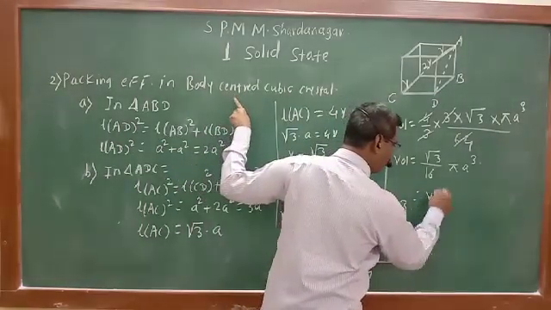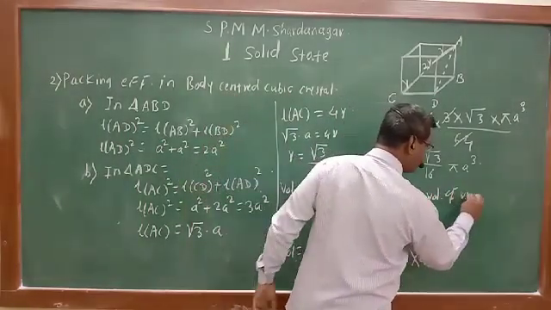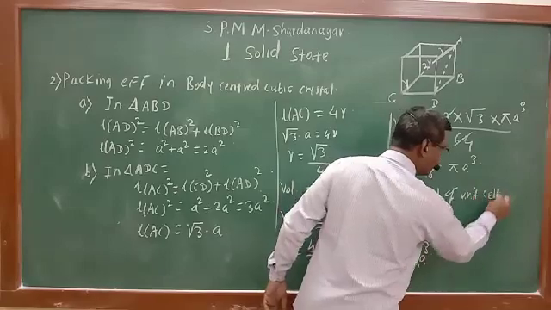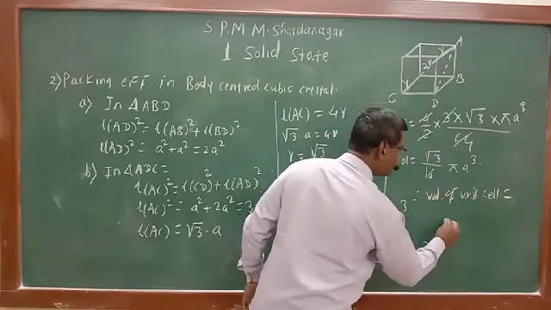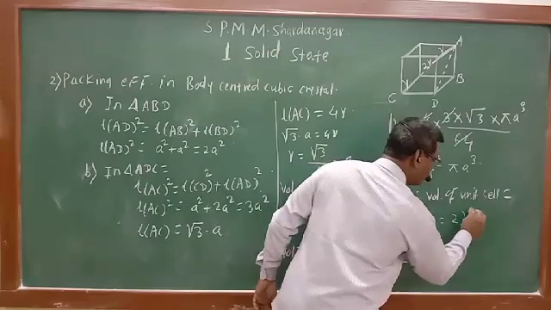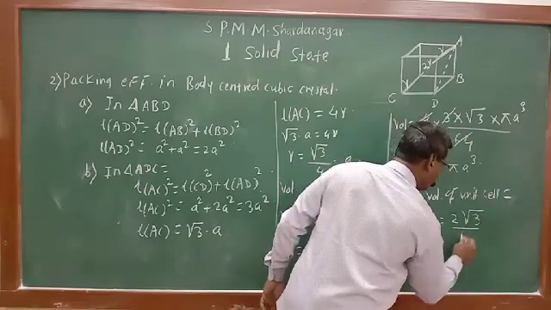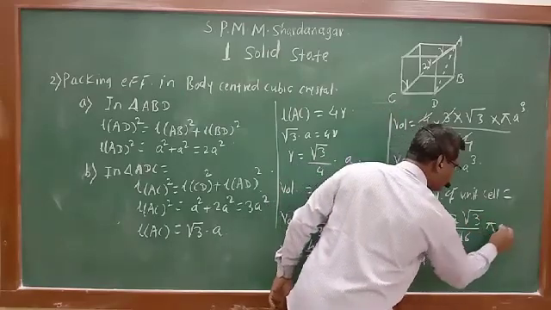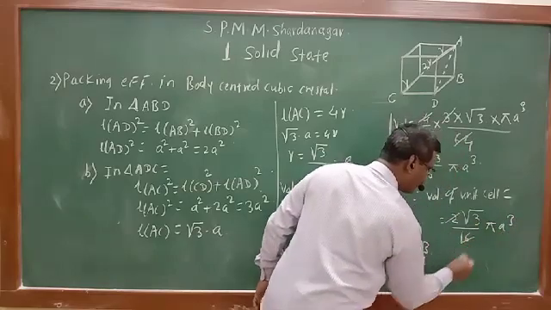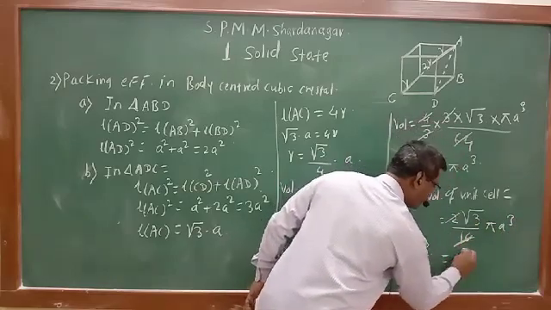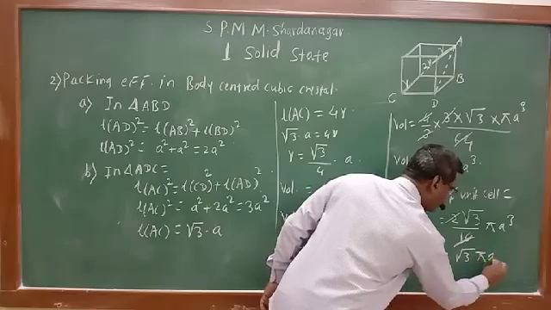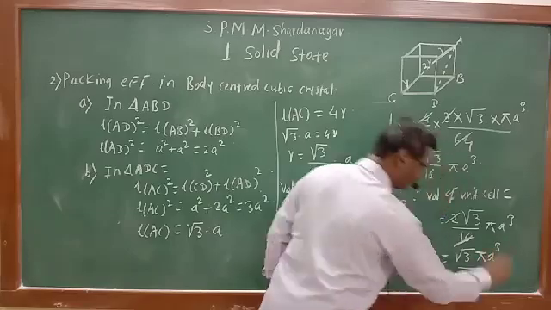Therefore, volume of unit cell will be equal to 2 multiplied by this factor, 2 square root of 3 upon 16 pi A cube. So it becomes finally square root of 3 pi A cube divided by 8.